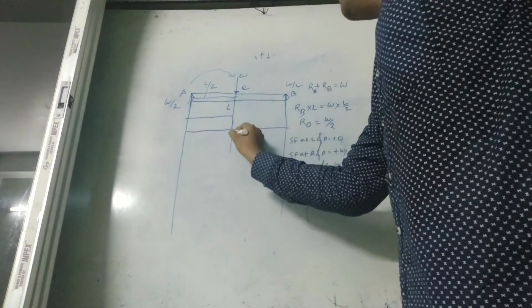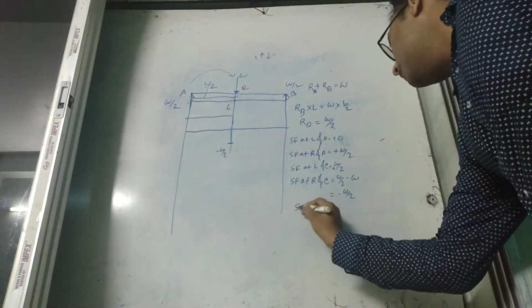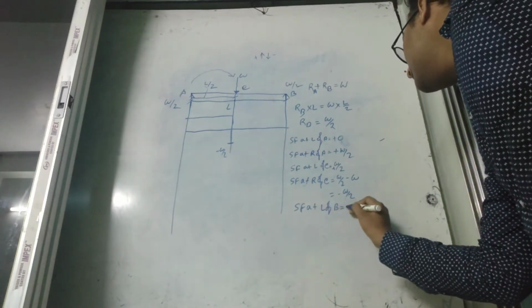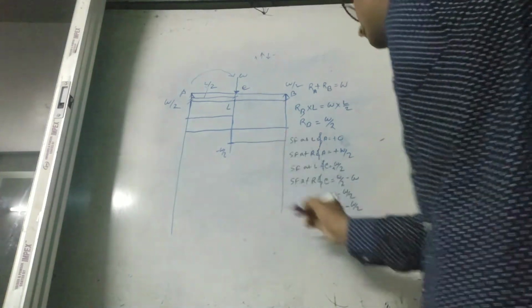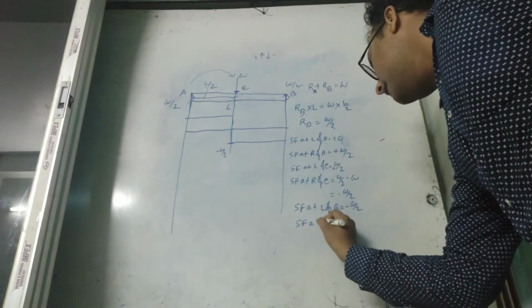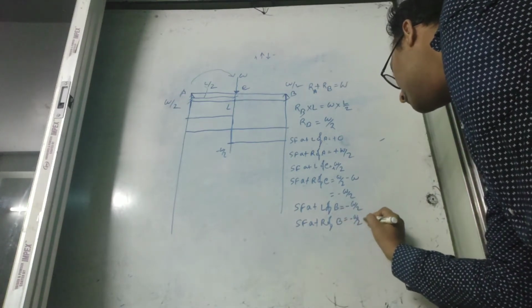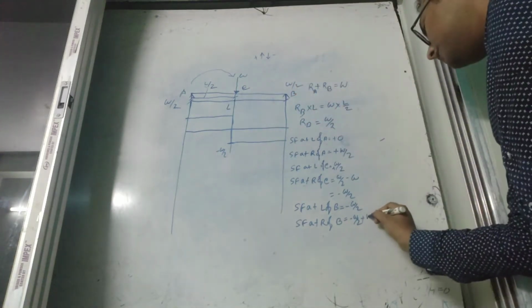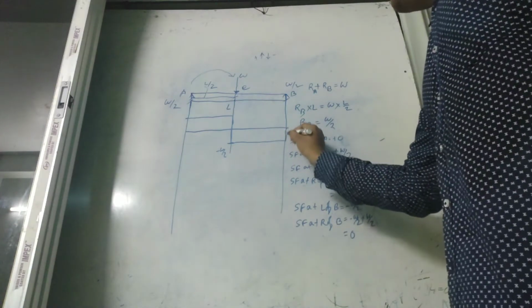So this will come to the negative section, minus W by 2. Shear force at left of B is minus W by 2, and shear force at right of B is minus W by 2, and here the reaction is given, W by 2 plus W by 2. So now our answer is 0.